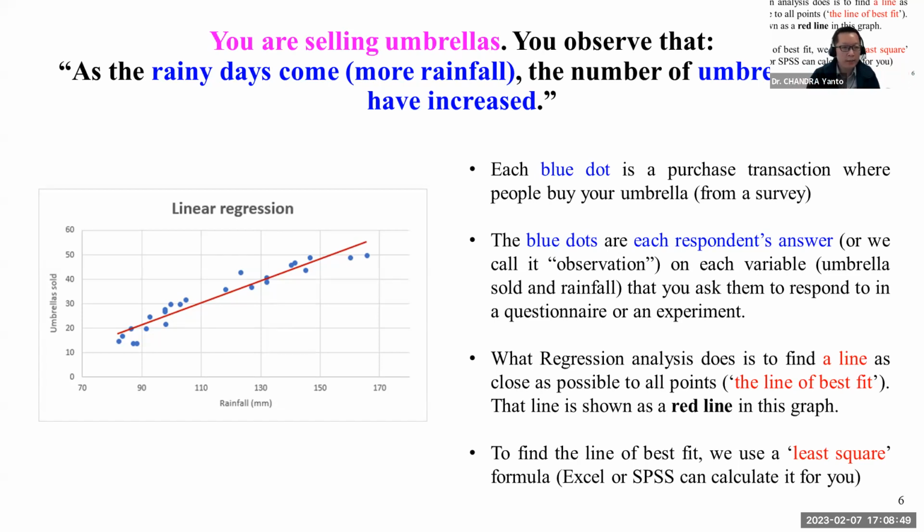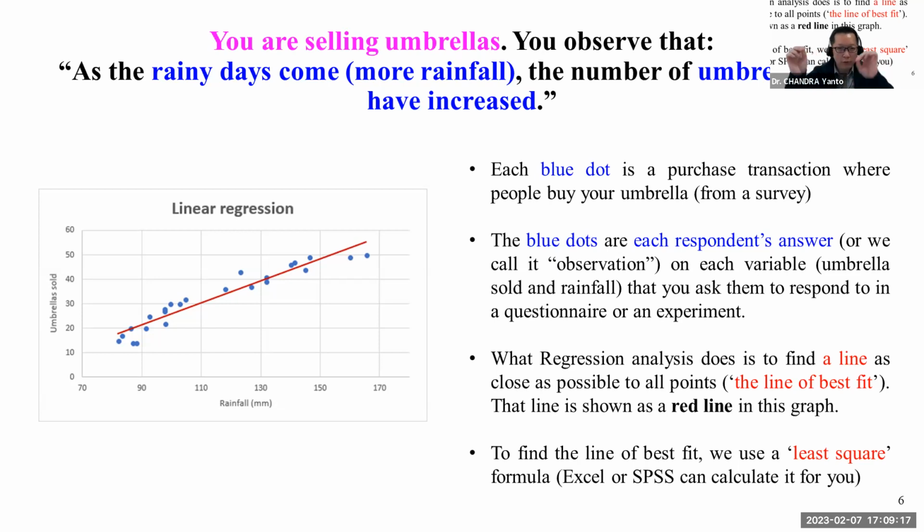Let's say on a particular day, when the rainfall is about 78, you only sell around 15 umbrellas. On other days, when the rainy days was around 105 or 108, you have sold 32 umbrellas. And let's say on other days, the rainy days was around 147 and you sold 48 umbrellas.